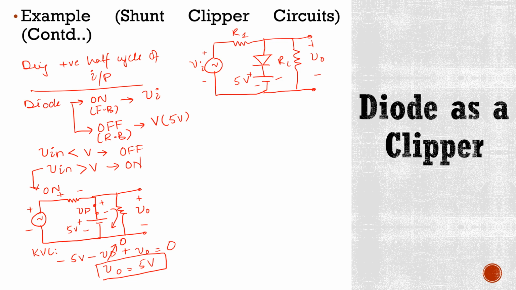Now what would happen during the negative half cycle of input?